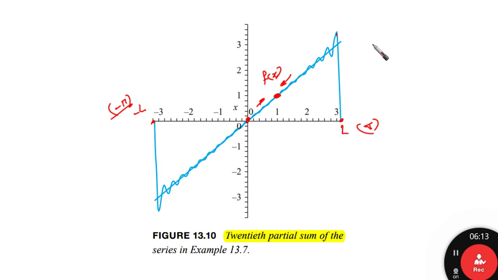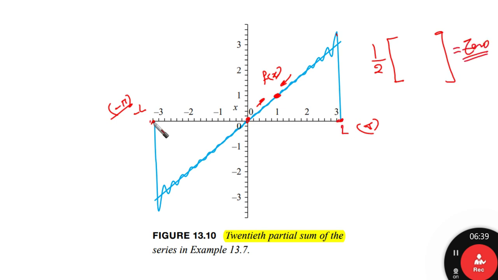Why? Because we have a half times. Here we are converging, we are almost having f of x. If the function is converging from the right and from the left to values that are equal in magnitude and different in sign, then at the end we are going to have 0.